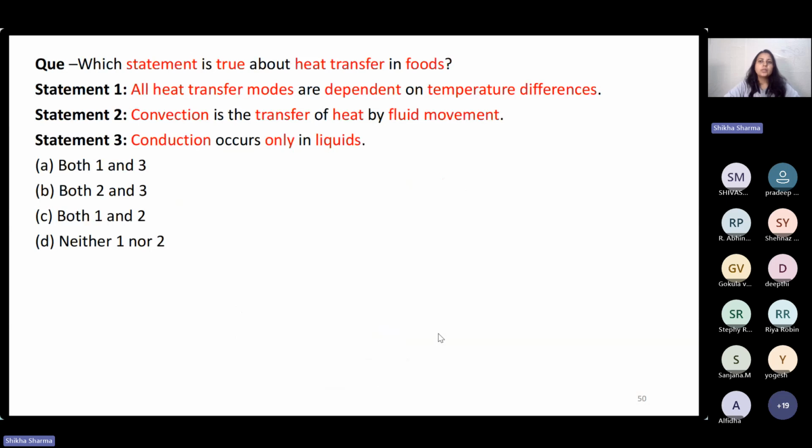Okay, let's see the next question. Which statement is true about heat transfer in food? Statement 1: all heat transfer modes are dependent on temperature difference. Statement 2: convection is basically heat transfer by fluid movement, and conduction only in liquids.